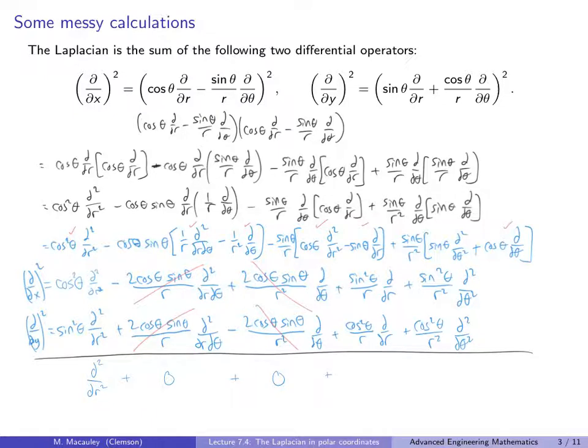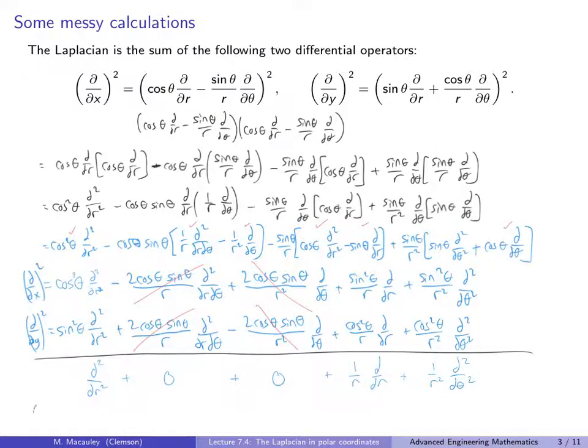And then here, what do we get? We have sine squared plus cosine squared is 1, but we're over r, so we have 1 over r times d dr. And then we have another sine squared plus cosine squared, but over r squared. So we have a 1 over r squared times d squared d theta squared.